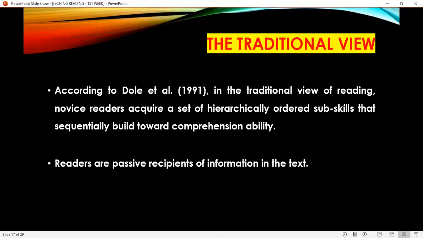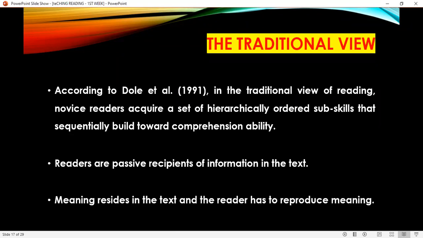So we are going to acquire, step by step, some sub-skills in order to get a whole comprehension ability. According to this point of view, readers are passive recipients of information in the text. So they just receive, receive, receive, and receive, no more.